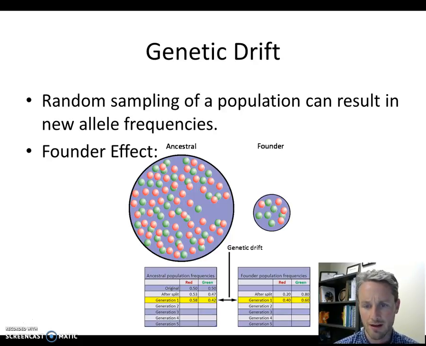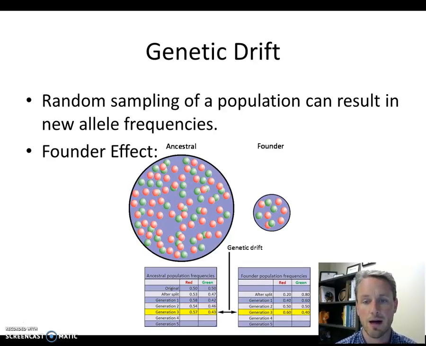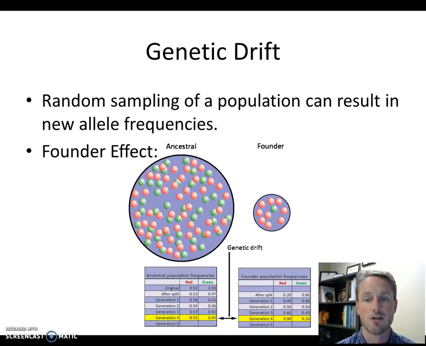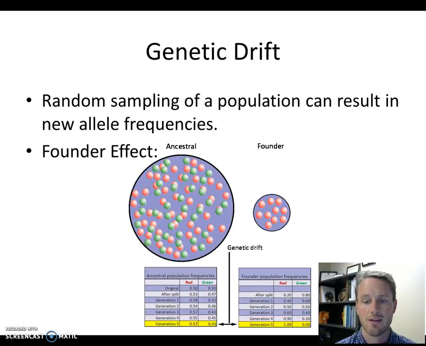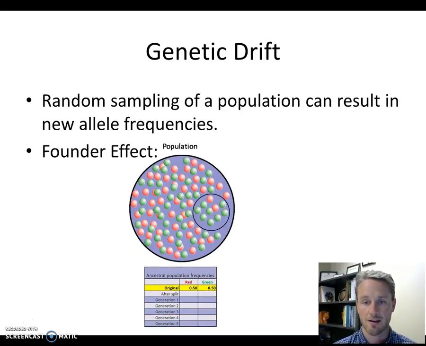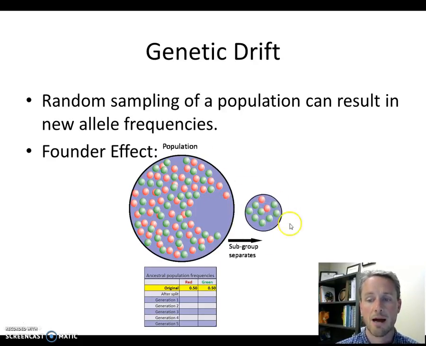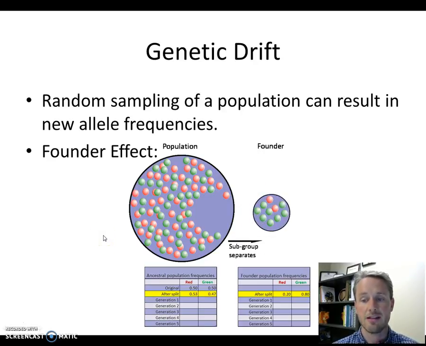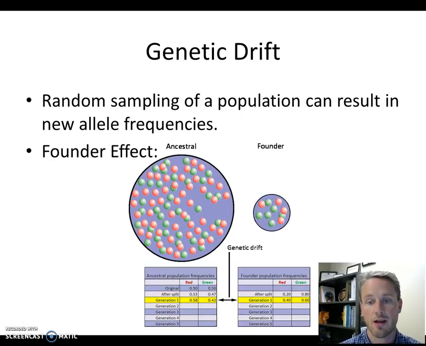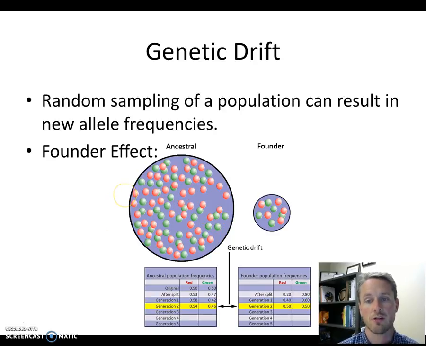So in the founder effect, some individuals leave an original population and start a new population. So I think this animation will start over in just a second. So here, this small group of individuals leave this larger population. By chance, they have a different allele distribution than the original population.